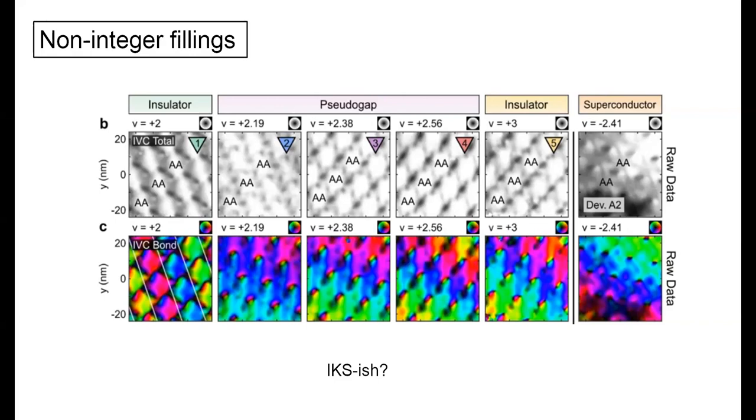Does the direction of the strain play a role? It does play a role. If you change the direction of the strain, the Q vector will move. It tends to hang around half the Moiré Brillouin zone, or a third or two-thirds.